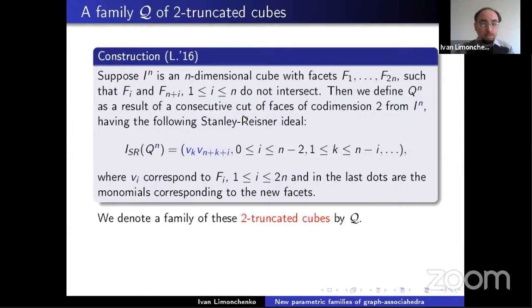This slide shows the construction I proposed in 2016 to obtain moment-angle manifolds with highly non-trivial Massey products.